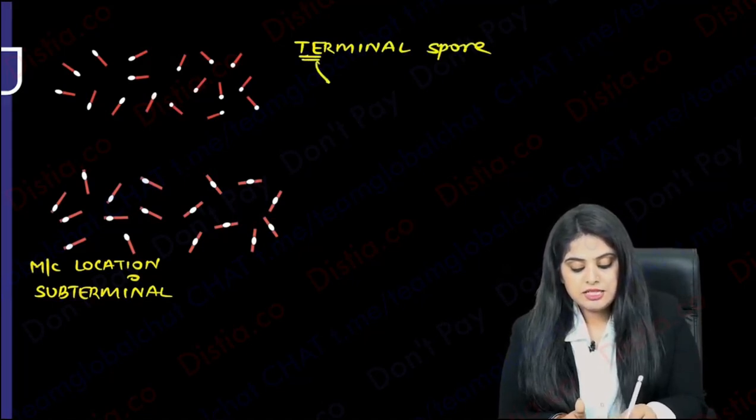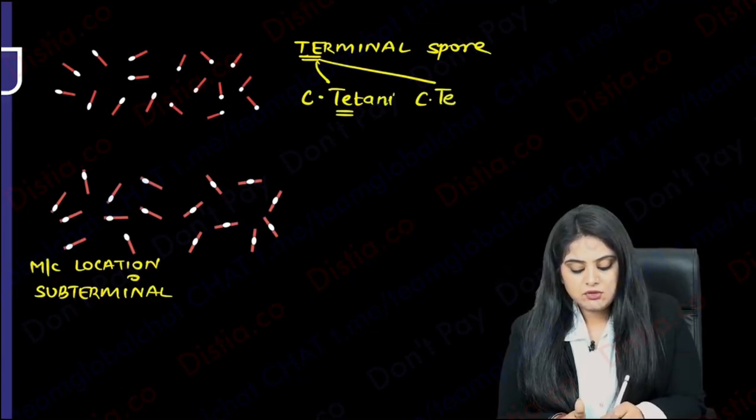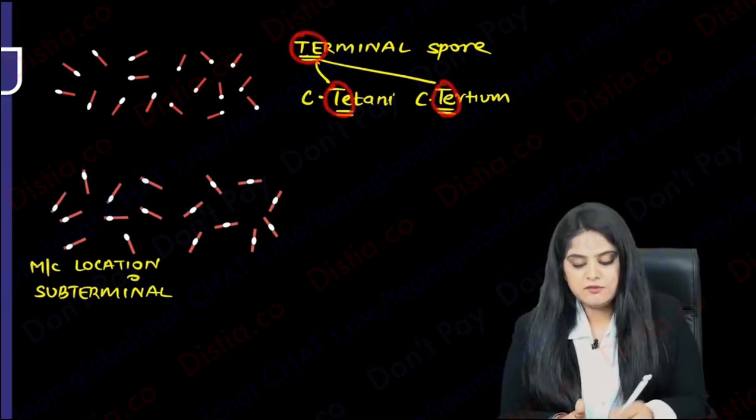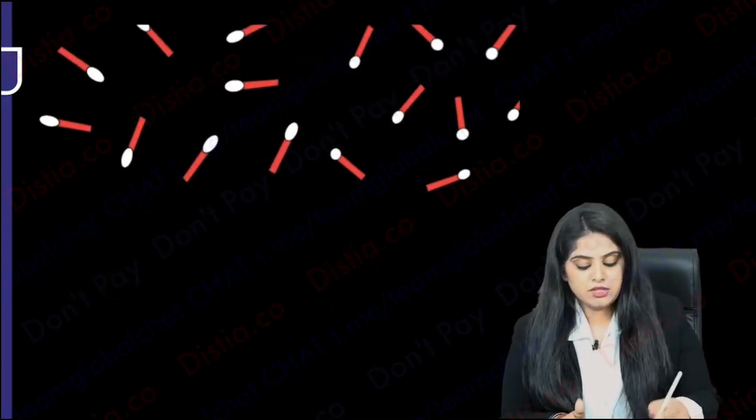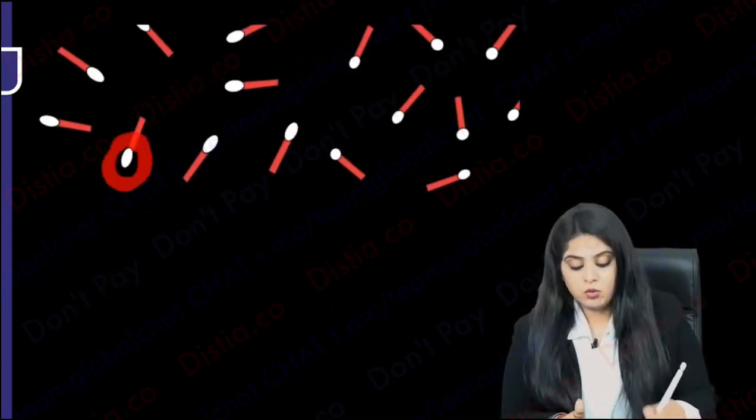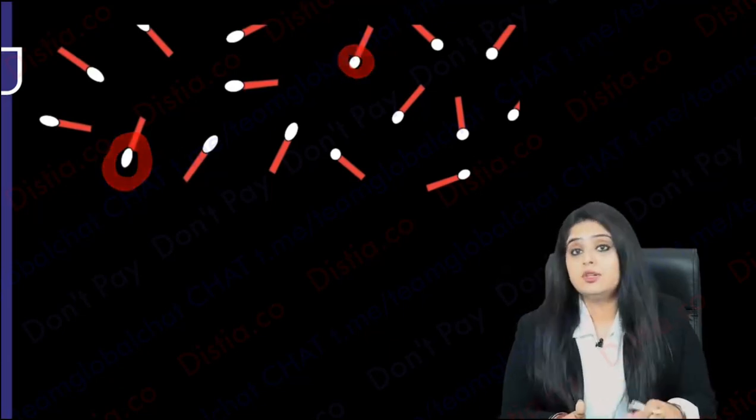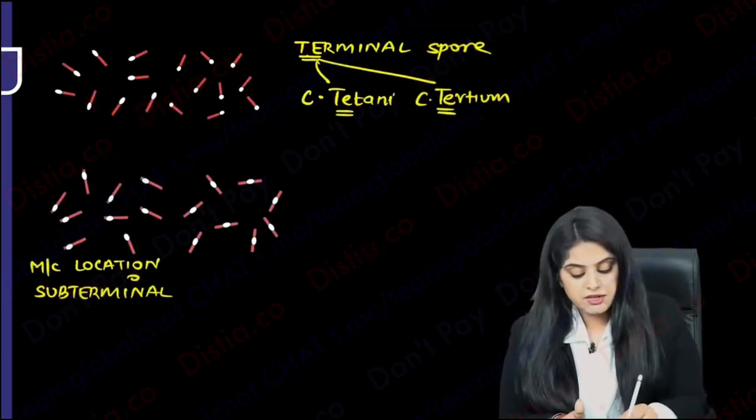You'll say TE for terminal, TE for Clostridium tetani, and TE for Clostridium tertium. So repeating, TE for terminal, TE for tetani, TE for tertium, and you can see that over here. This is terminal and oval, this is terminal and round. Because this is terminal and round, it looks like a drumstick.